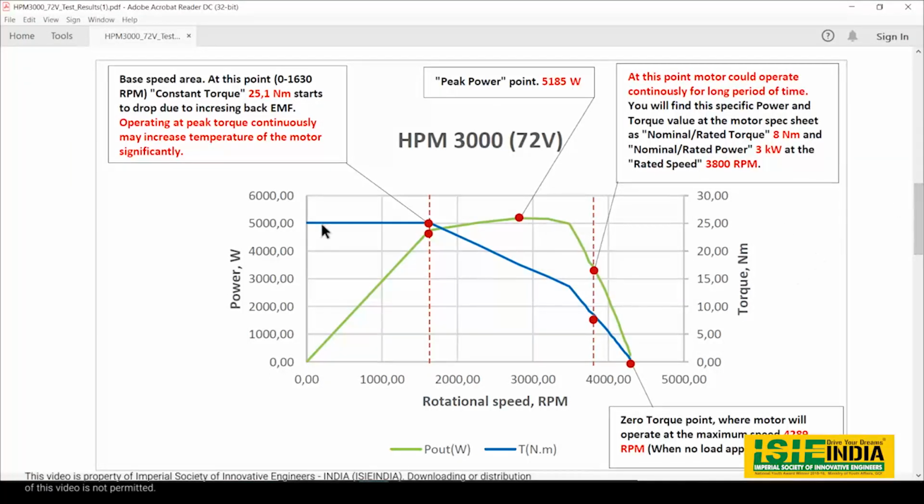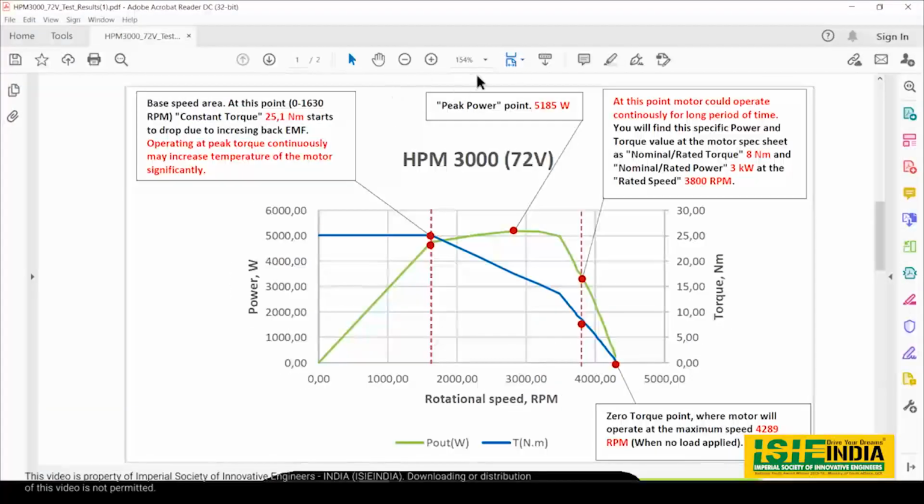We have a few parameters over here. We have peak power, then peak torque, then rated power and rated torque.